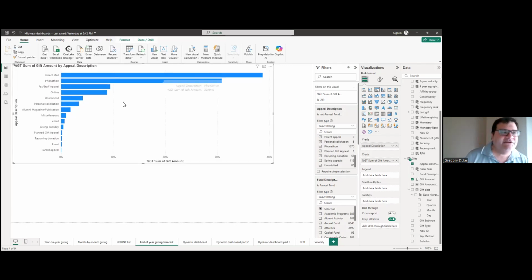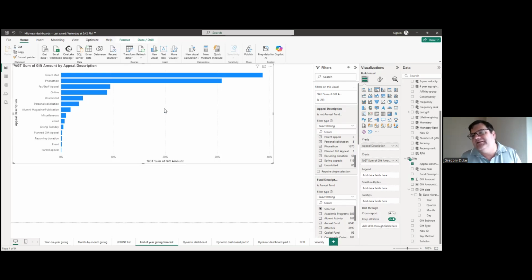Now, after removing those generic appeals that I couldn't determine, direct mail is accounting for 38.72%, and there's a 68% of our giving in the last 6 months of the year to the annual fund coming in through either direct mail or phone-a-thon.